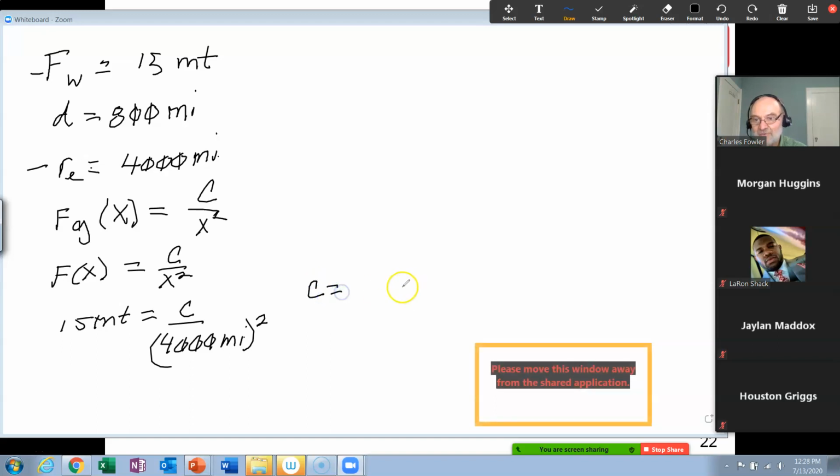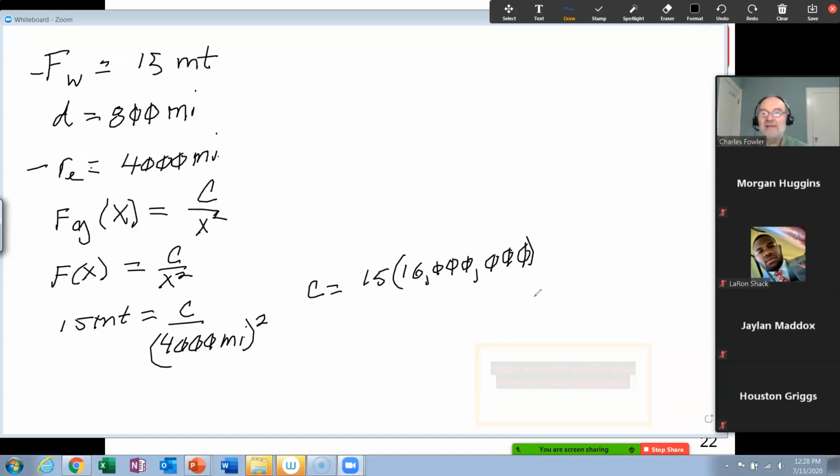C is equal to 15 times, this will be 16 followed by 6 zeros, 16 million. It is a huge constant, and that will be in tons per square mile, which is a weird unit.